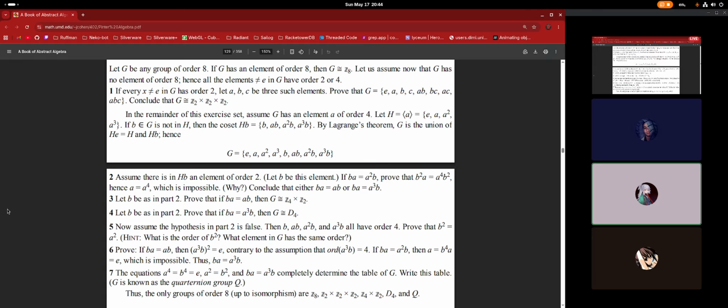D4 is the dihedral group of the quadrilateral, the group of symmetries of a square, if I'm not mistaken. It's been a while since we talked about that. Yeah, but it's back.